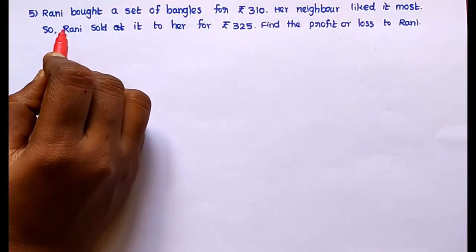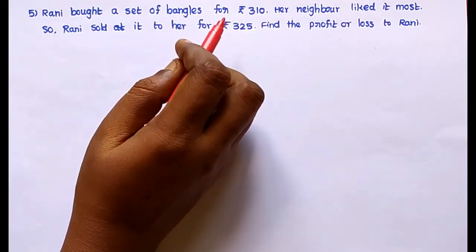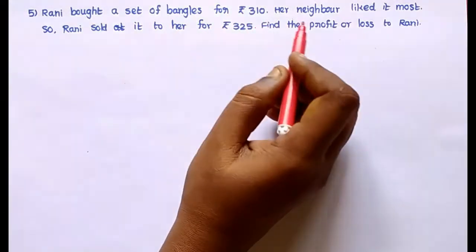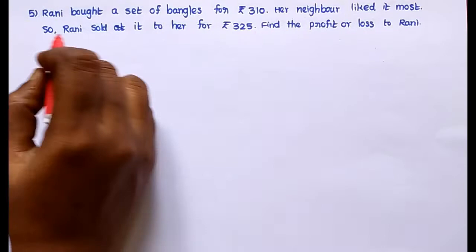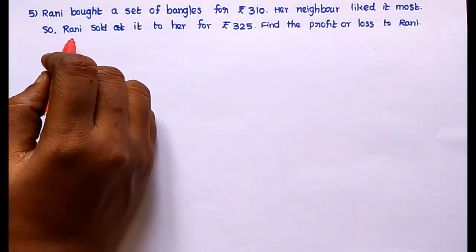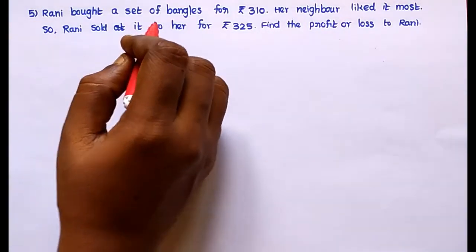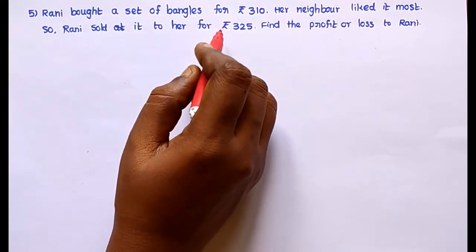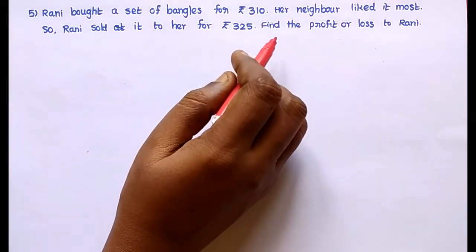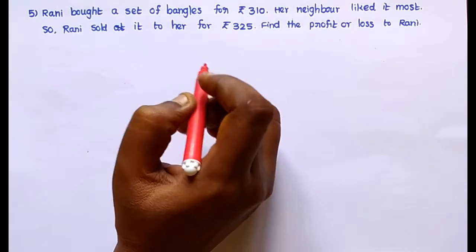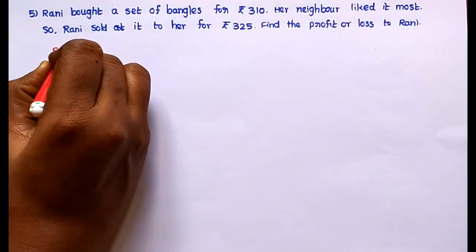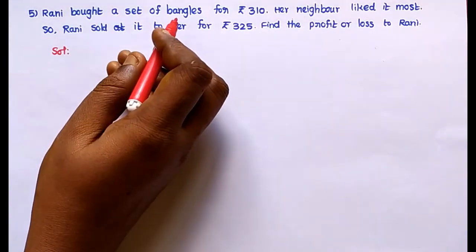Fifth sum, Rani bought a set of bangles for rupees 310. Her neighbor liked it most, so Rani sold it to her for rupees 325. Find the profit or loss to Rani. Listen, Rani bought a set of bangles.